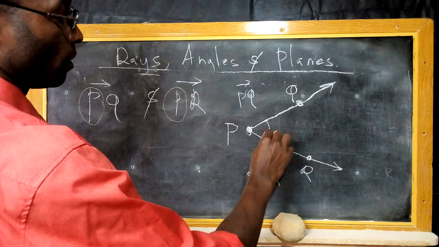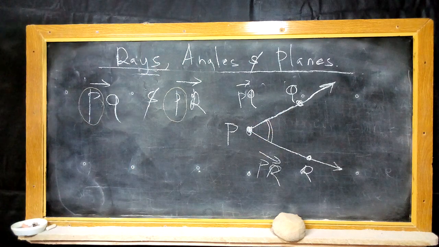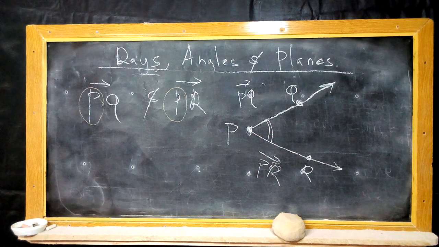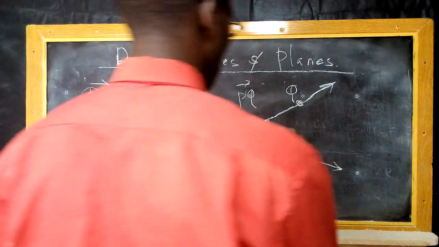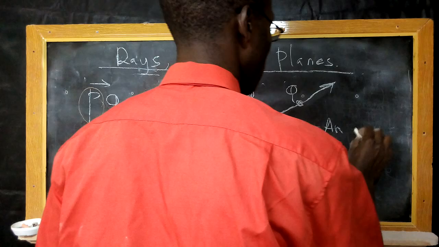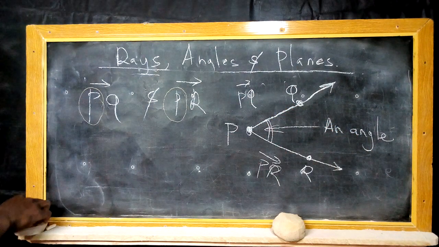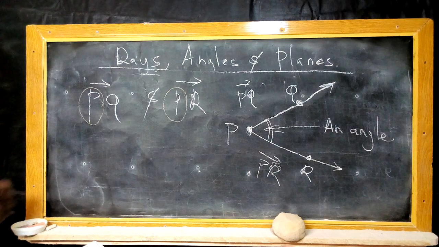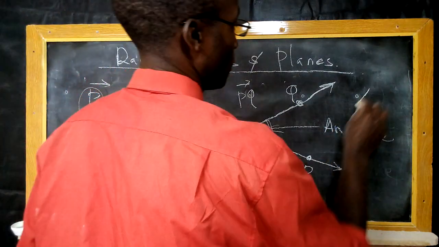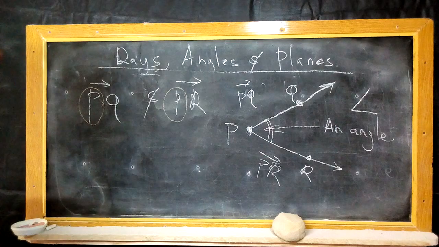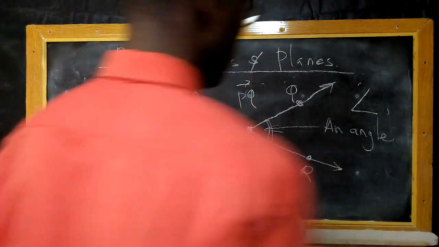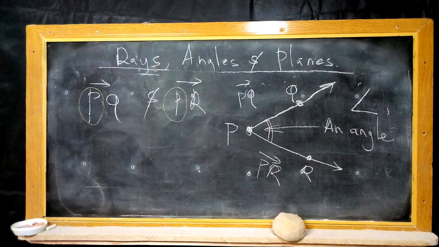Now the extension, or the space that has been formed due to the joining of those two rays, is what we call an angle. So this is what we call an angle, and it is denoted using the symbol like this. So that one denotes what we call an angle.